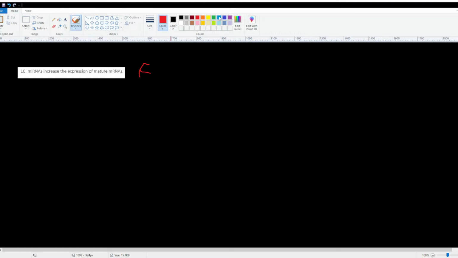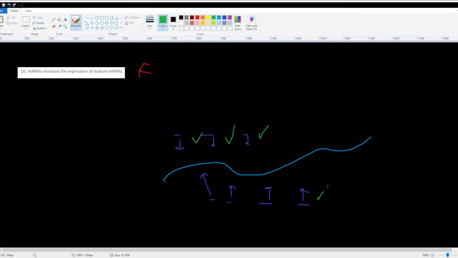If we have an mRNA, microRNAs come in and check whether everything is working just fine. If they say everything is okay, then there's no problem. But if they find that this one's bad, and this one's bad, and this one's bad, and this one's good, then they're going to hold back the mRNA from further translation.